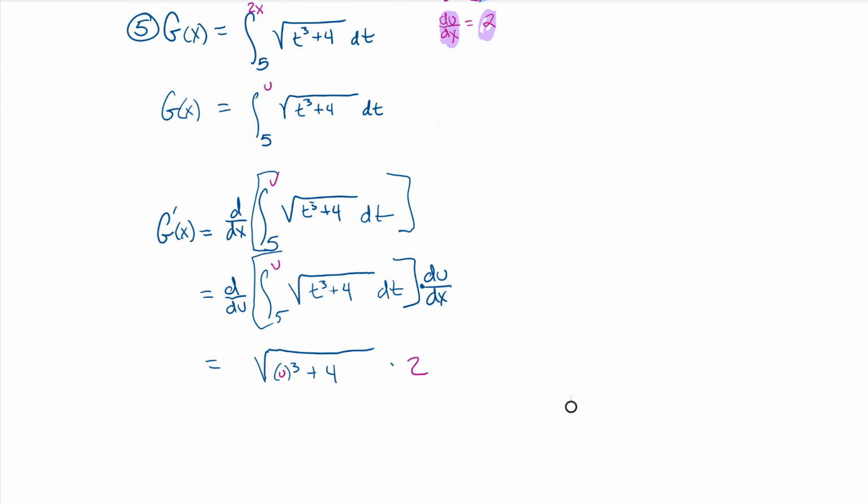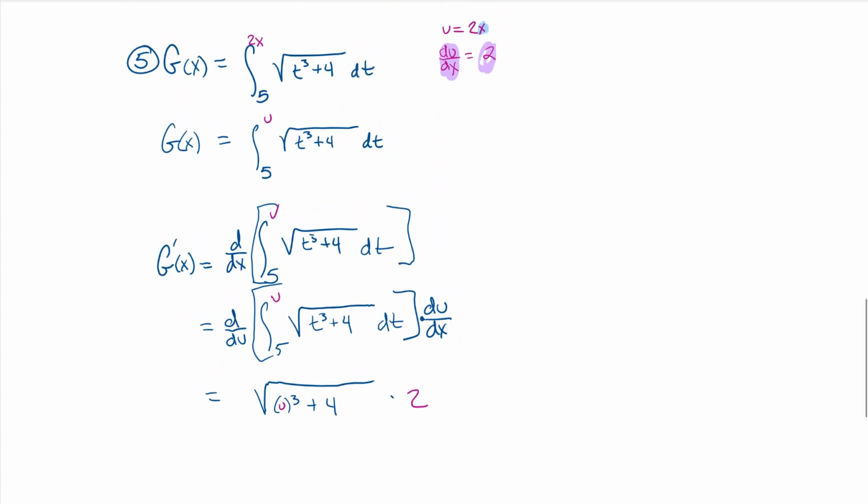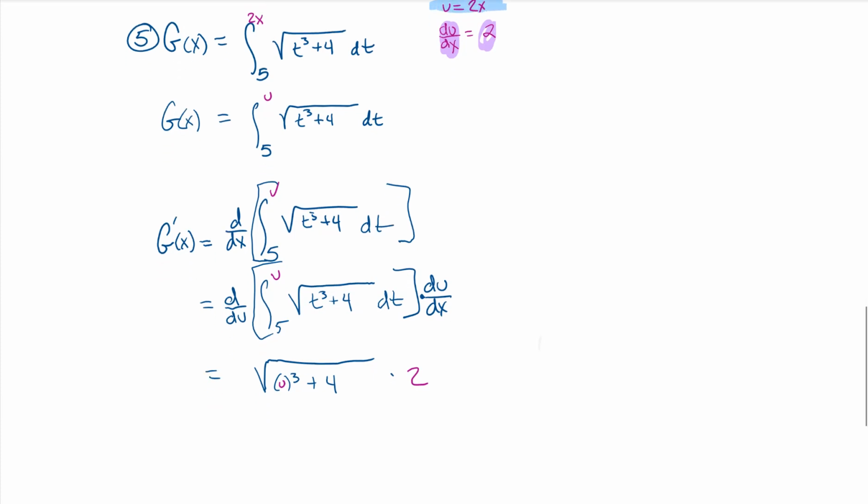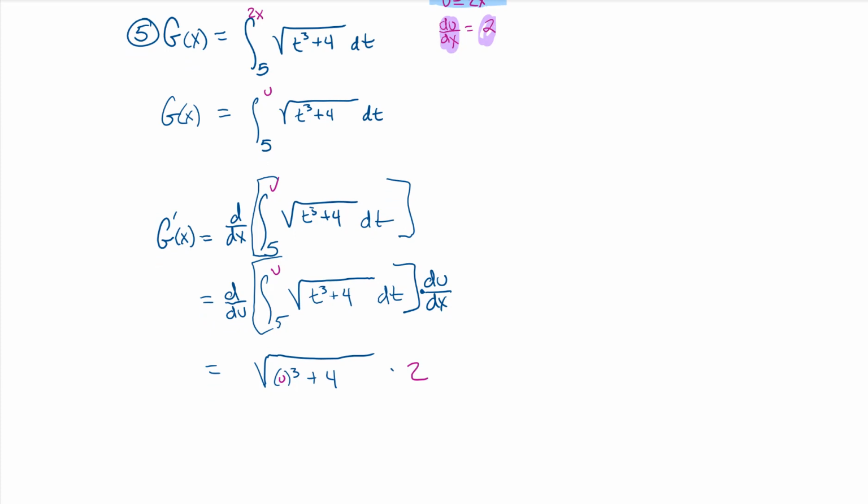We plug it in, but we're not looking for u, we're looking for x. And what we have here is that u is equal to 2x, so we need to go through and replace that as well. And we find out our solution is 2 times the square root of 2x all cubed plus 4. And let's take this 2 and pop it out front. And there's our solution.